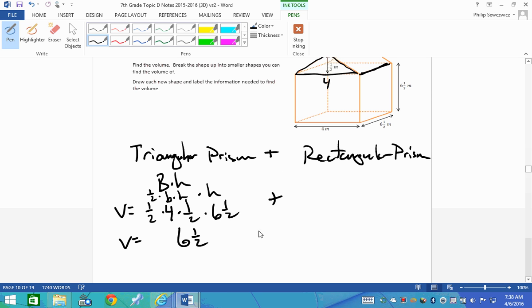And now we're going to add on that rectangular prism. So again, area of the base times the height. Your base here is the rectangle that you're dealing with. So I am going to do 4 times 6.5. And then I need to multiply times the height of the actual prism. And again, the height connects the 2 bases there. So that's why I'm going to choose 6.5.